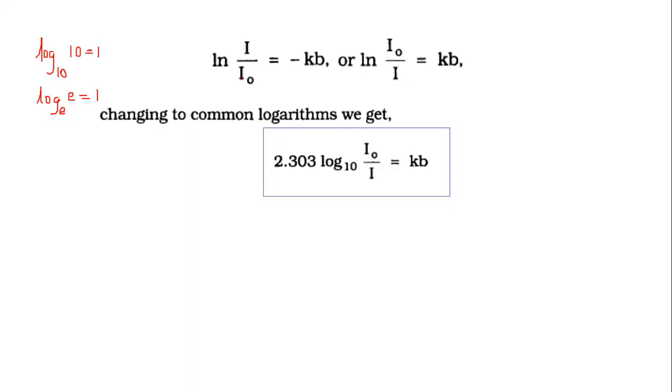I is transmitted light, I0 is incident light. If I reverse it, I0 upon I becomes absorption. So it can be written like absorption is equal to k, the constant we know, times b. So in other words, absorption A is directly proportional to b. Fine? Yes, sir.